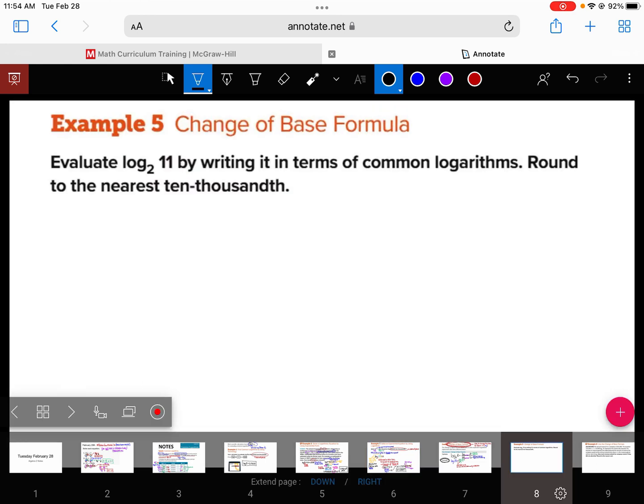I want you guys to try change of base on this example number 5 here.